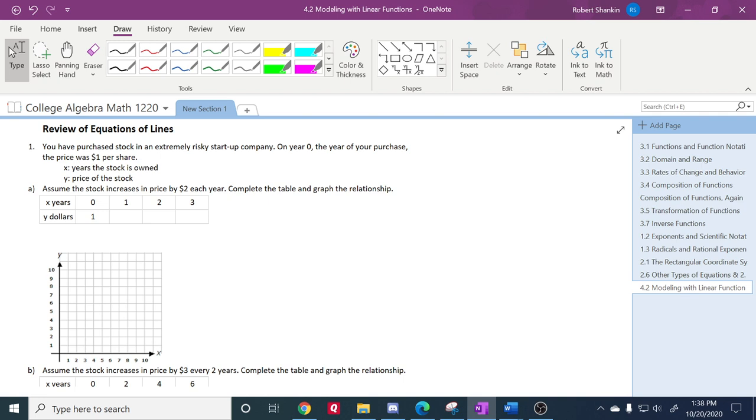Thirty seconds more. Okay, so it's increasing by $2, so it goes to 3, and then to 5, and then to 7. And at year 0, it's $1.